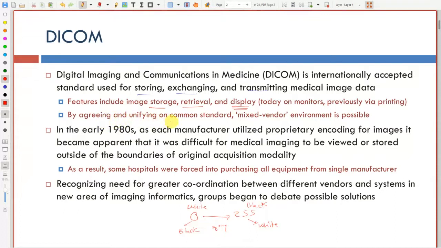By agreeing and unifying on a common standard, a mixed vendor environment is possible, like interoperability. This is what we're aiming for. If you started your medical informatics systems in your hospital like 20 years ago, it doesn't make sense to keep working with the same company, which might be closed now.